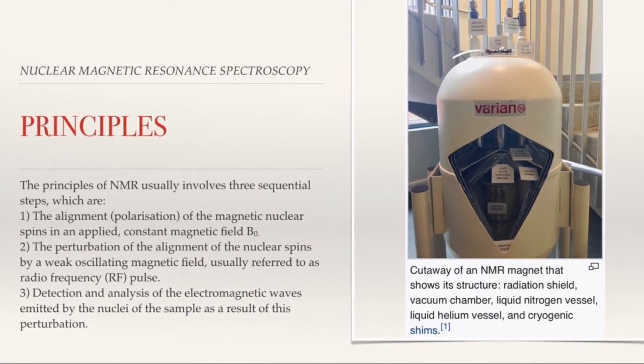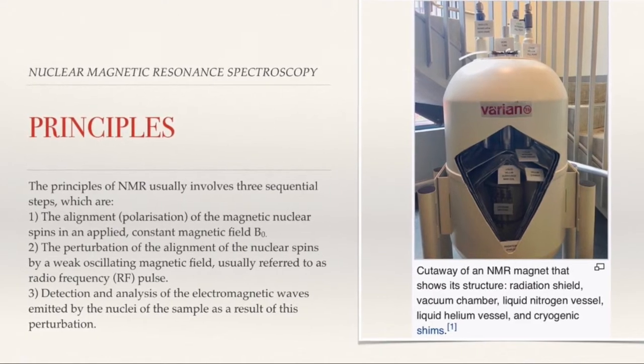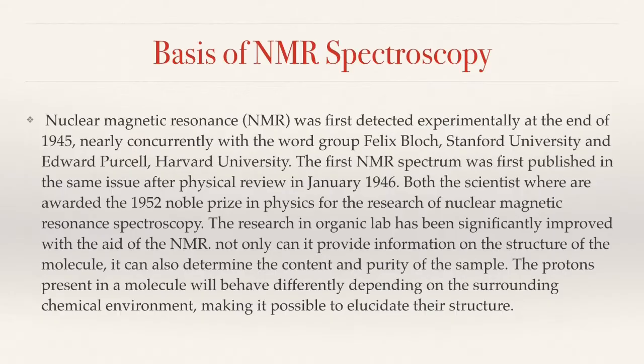The next slide contains the basis of NMR spectroscopy. This slide contains the basic information about NMR, when and how it was found, and who was involved in this. Nuclear magnetic resonance, or NMR, was first detected experimentally at the end of 1945, nearly concurrently by two groups: Felix Bloch from Stanford University and Edward Purcell from Harvard University.